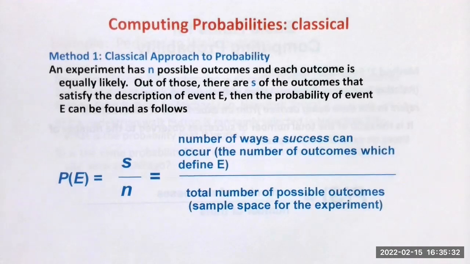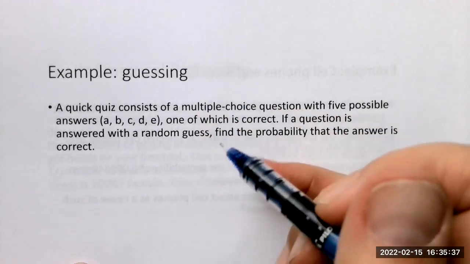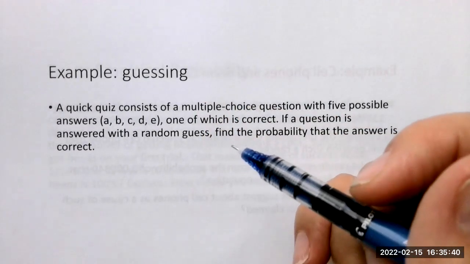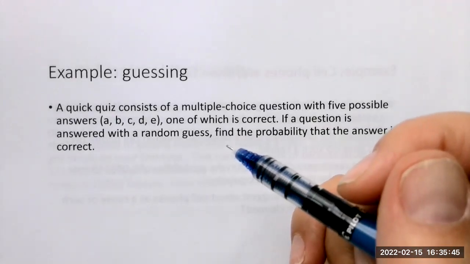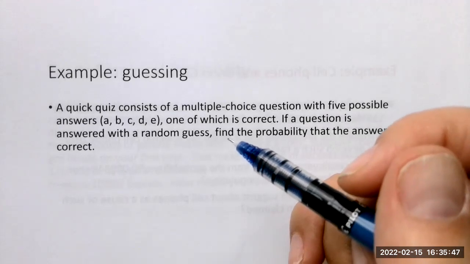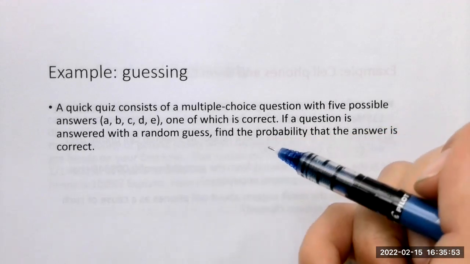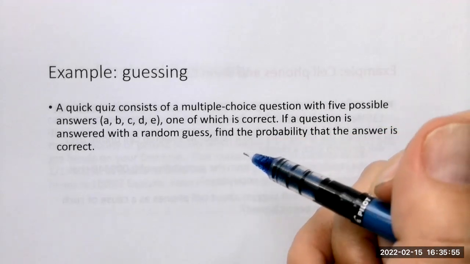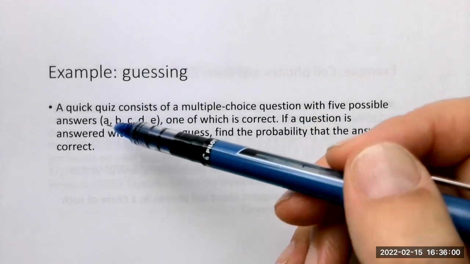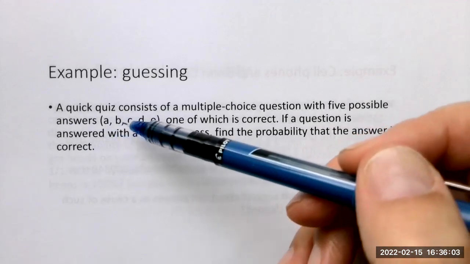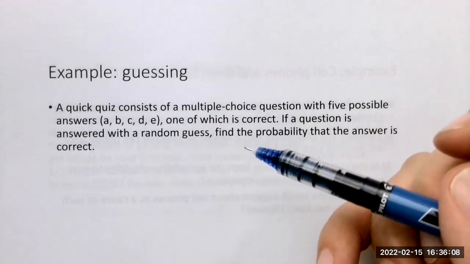So let's consider an example. This is a quick quiz, consists of multiple choice questions with 5 possible answers, A, B, C, D, and E, one of which is correct. If a question is answered with a random guess, find the probability that the answer is correct. So we understand that the probability of a person randomly selecting A, B, C, D, and E are equal probabilities.